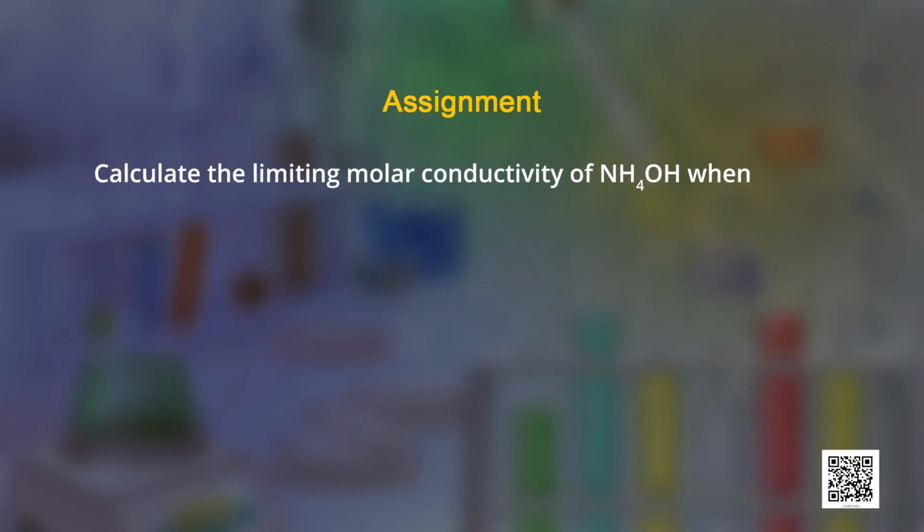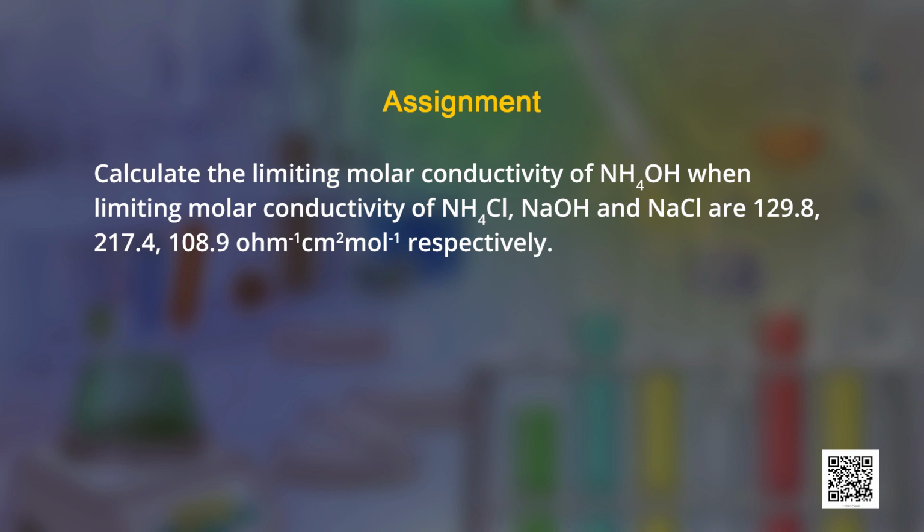As an application of Kohlrausch law, we may also calculate the degree of dissociation and acid dissociation constant for the electrolyte. Before we conclude, let me give you a numerical based on the concepts discussed in today's session. Calculate the limiting molar conductivity of ammonium hydroxide when limiting molar conductivities of ammonium chloride, sodium hydroxide and sodium chloride are respectively given.